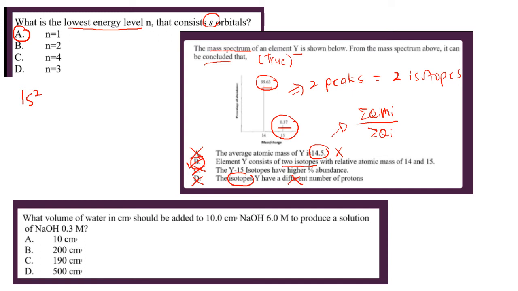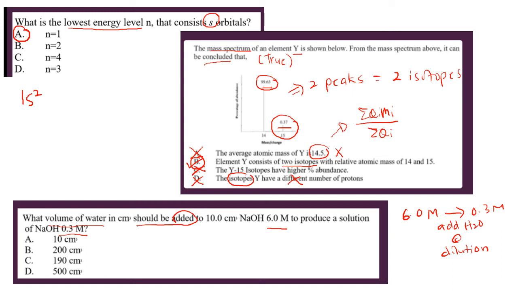Next question is about dilution. What is the volume of water that should be added to 10 cm³ of 6 molar NaOH to produce NaOH of 0.3 molar? From high concentration to low concentration, we are going to add water, so this process is called the dilution process.